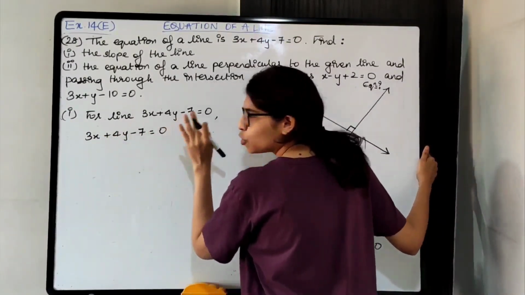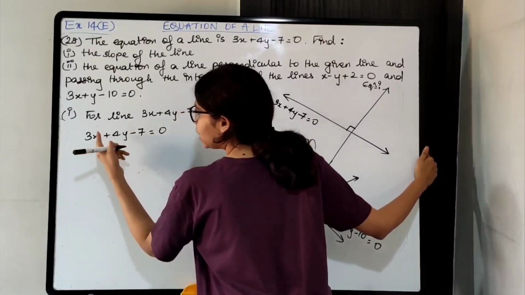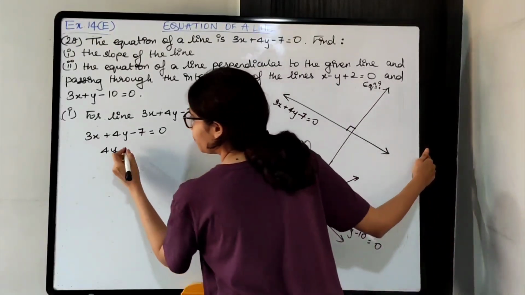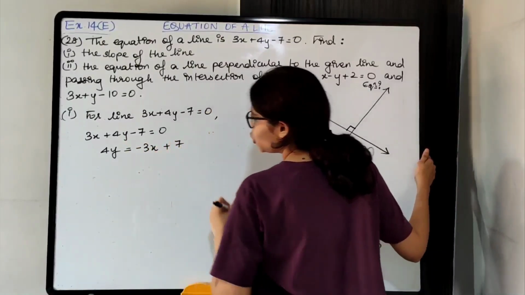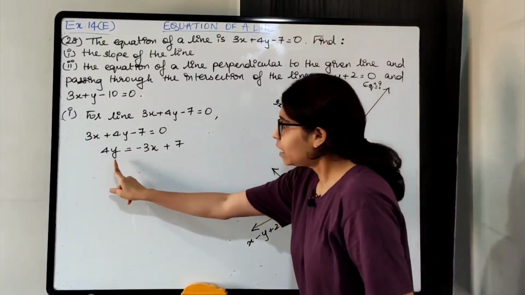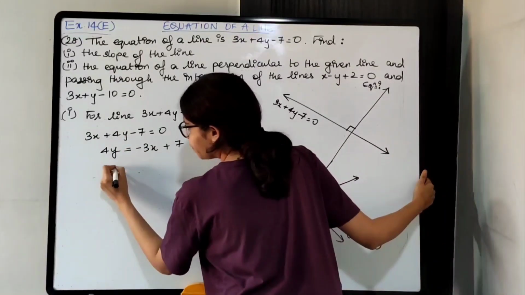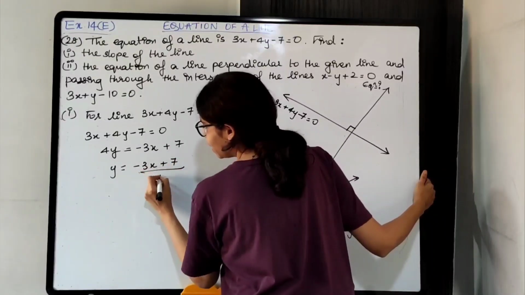नेगेटिव होता तो we would shift and make it positive. So ये positive है. Shift the remaining terms on the other side, y के साथ कोई दूसरा term नहीं होगा. So -3x + 7, the signs will change. y का coefficient 1 होगा, so shift 4 on the other side, so -3x + 7, the whole will be divided by 4.